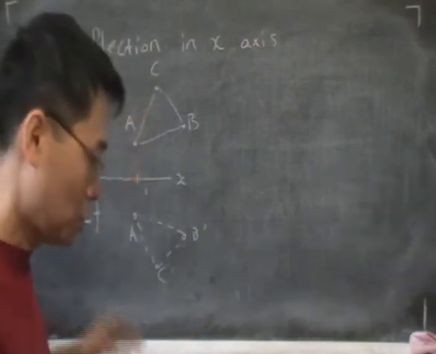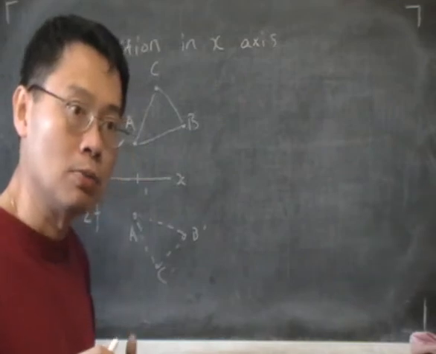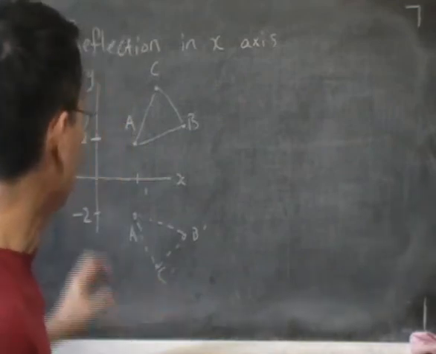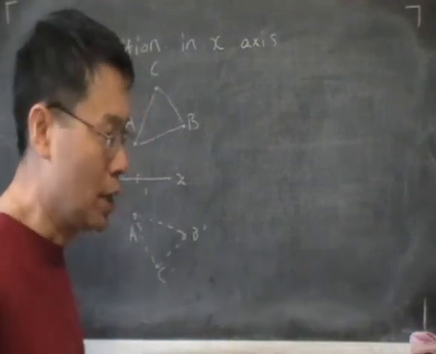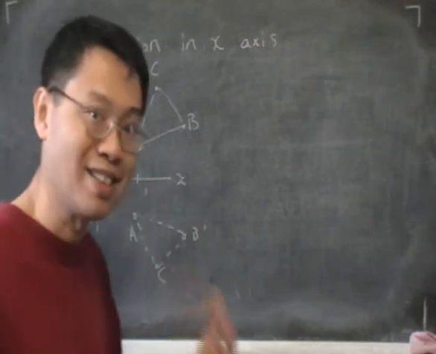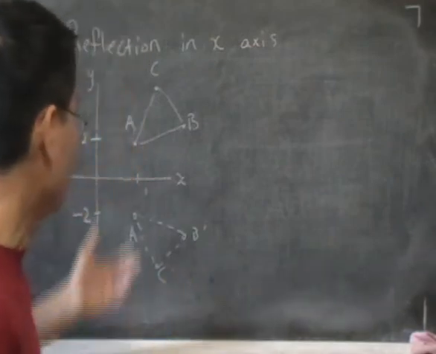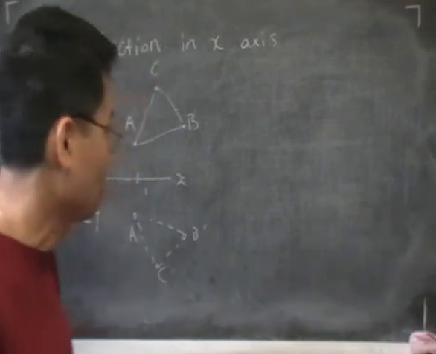Now what we are going to do is to make use of matrices to help us to calculate the new position. Now it might seem a bit unnecessary, because if it's so simple just to change the y value, why bother to use matrices?